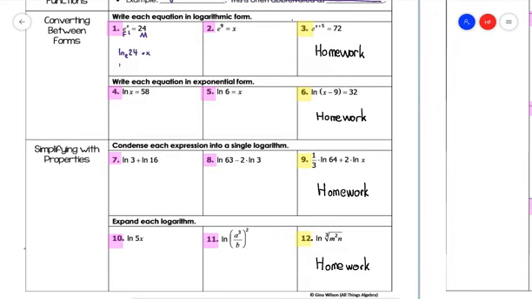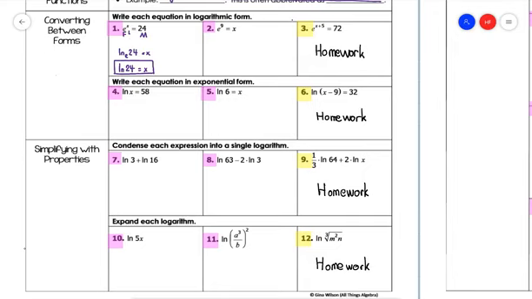So anytime you see ln, you would assume that the base is e, so ln 24 equals x. So kind of like whenever you see log x, you assume that the base is 10. Whenever you see ln x, you assume that the base is e.